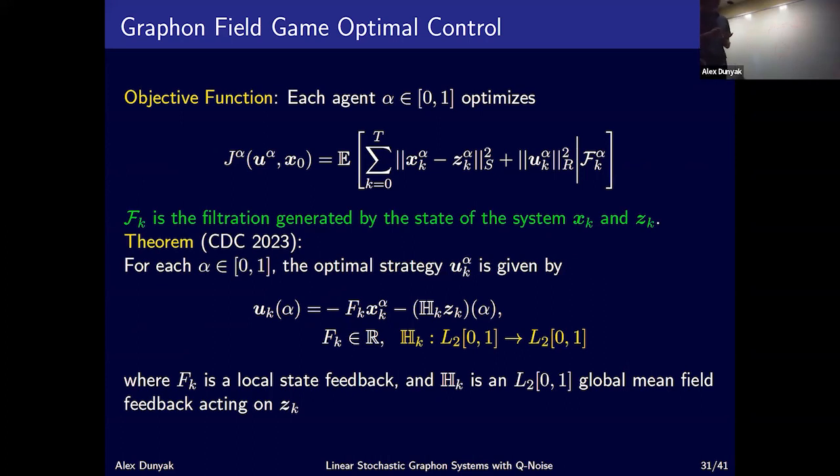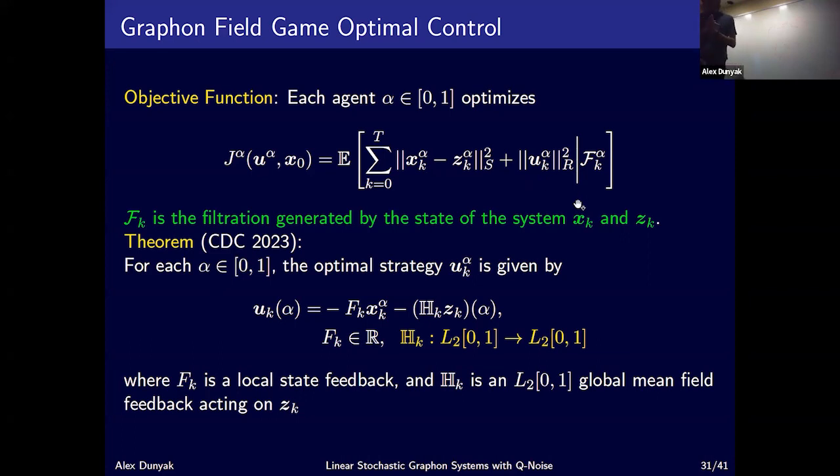So the objective function that each agent is trying to optimize is this J of alpha, where you're trying to match your state to the local field at each time step without spending too much cost.